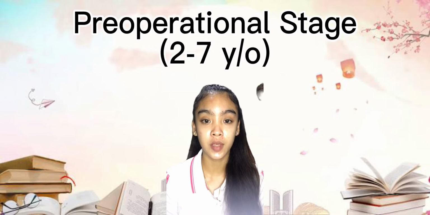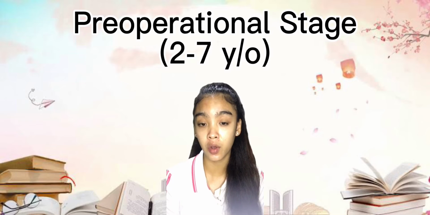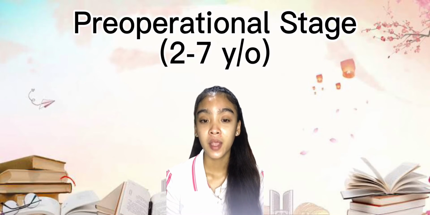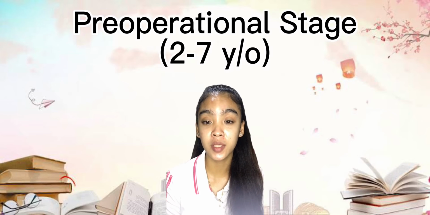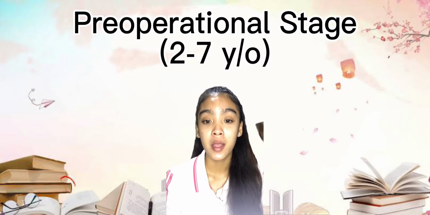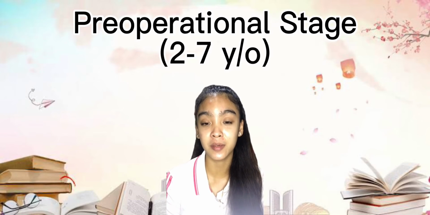It is 2 to 7 years old, and the major characteristics and developmental changes during this stage are: they begin to think symbolically and learn to use words and pictures to represent objects. They tend to be egocentric and struggle to see things from the perspective of others. Also, they are getting better with language to interact and think, but still tend to think in very concrete terms.